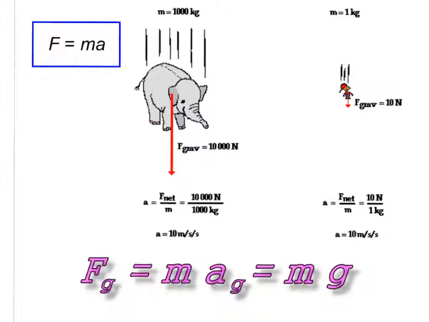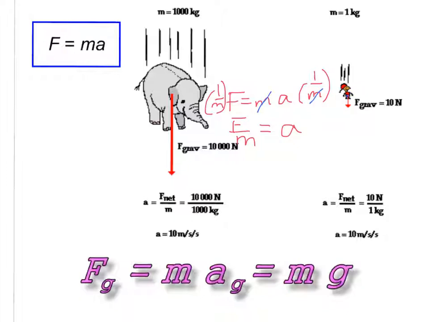And when we look at this, if we rearrange our equation, we know that force equals mass times acceleration. If we divide both sides by the mass, then we can rearrange this to be force over mass equals acceleration.